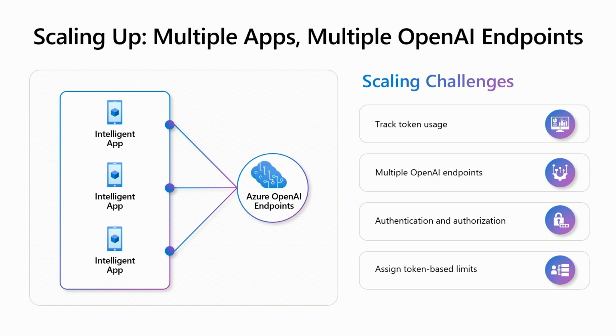They want to be able to sometimes use multiple backends, so sometimes for using multiple pricing models, a mix of PTUs and pay-as-you-go, or just having multiple models in multiple regions for availability.